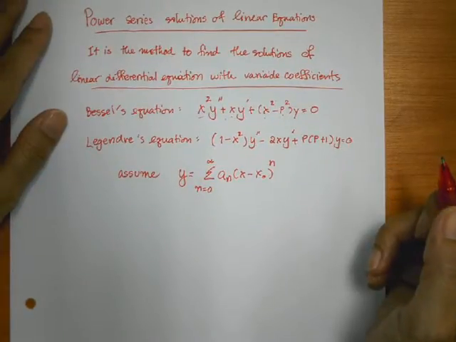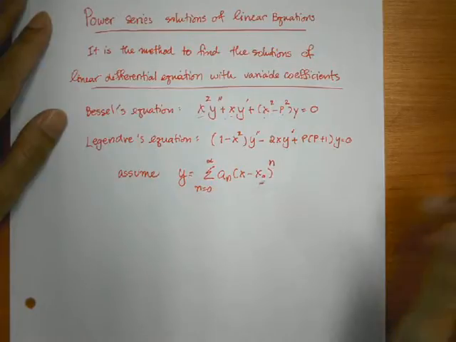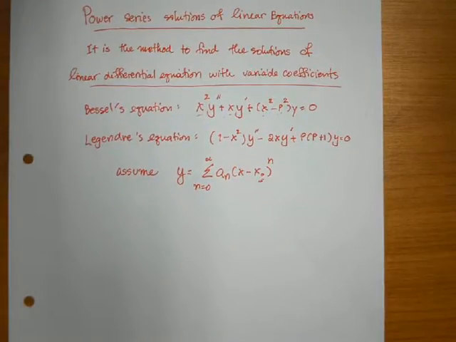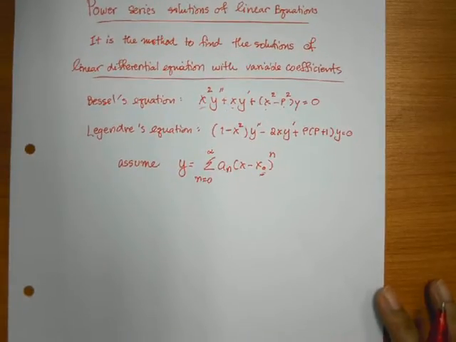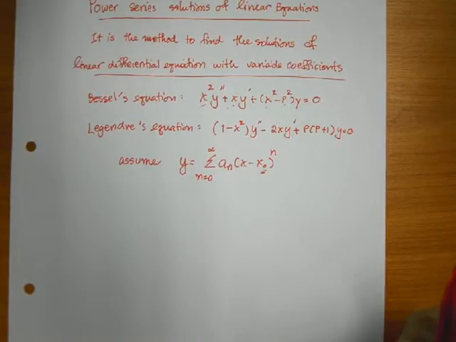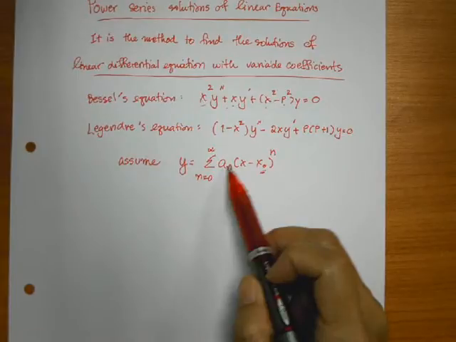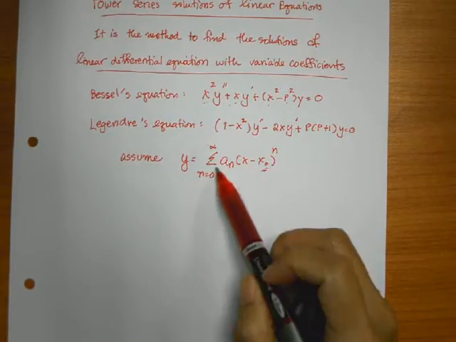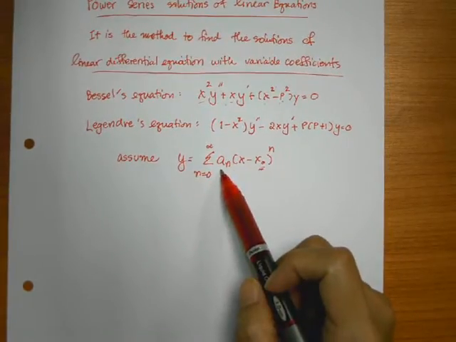And x0 could be any number. We are looking for the solution around that point, x0. Okay. And this summation is called a power series.